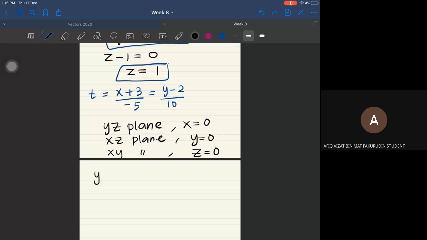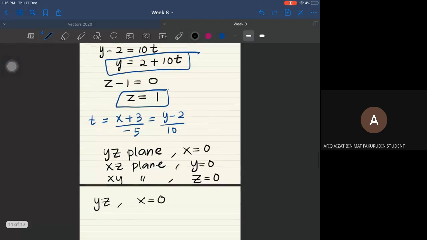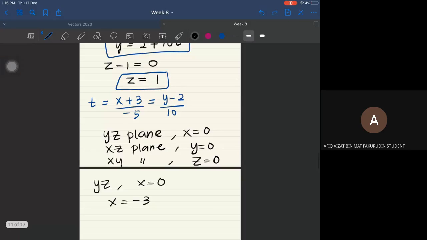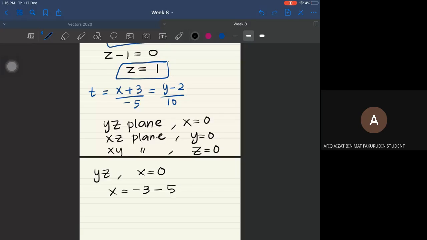So YZ plane, so kita tahu X sama dengan kosong. So if your X is equals to 0, your 5T is equals to negative 3, so T is equals to negative 3 over 5.